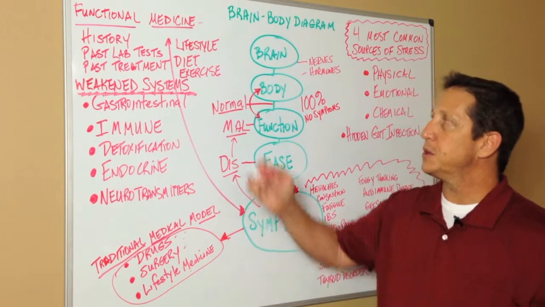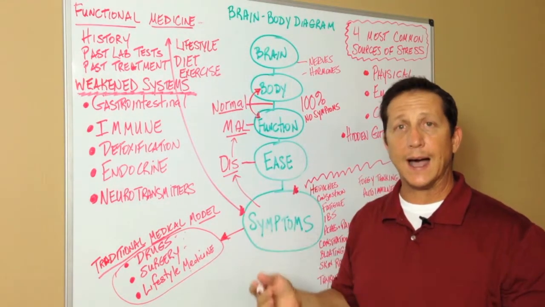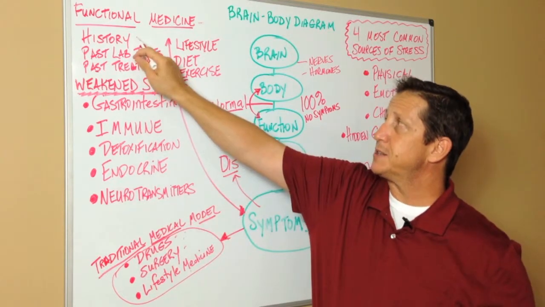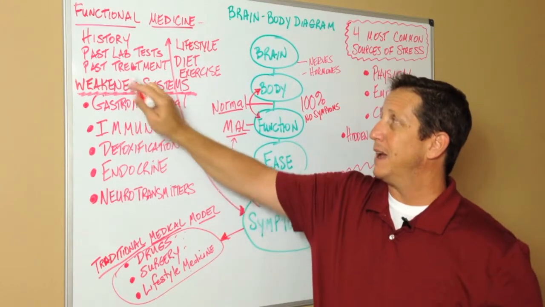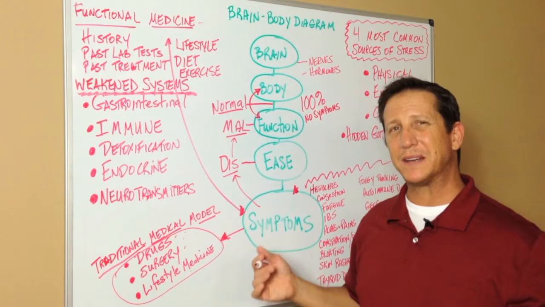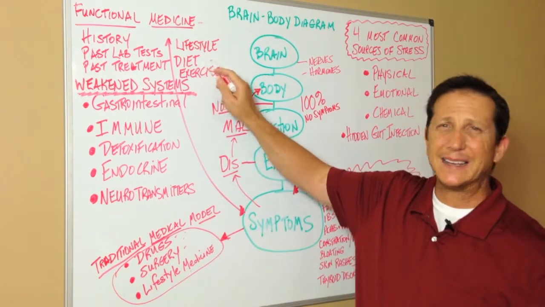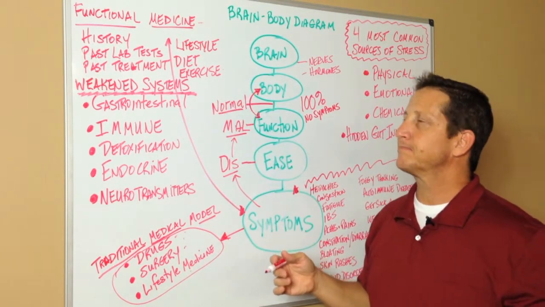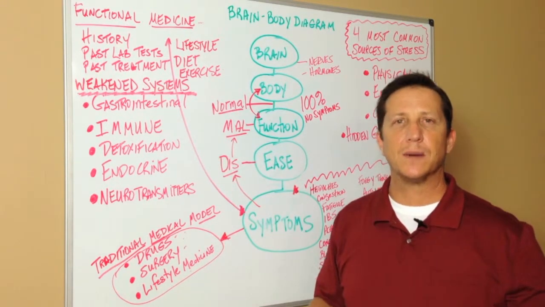it. So the training of a functional medicine physician, like I am, is that not only do we both take a history and we both look at lab tests that are from the past and may look at past treatments, but the real difference is here. It's in the lifestyle, it's in the diet, what you're eating, it's in your exercise habits, and it's all about the weakened systems of your body.